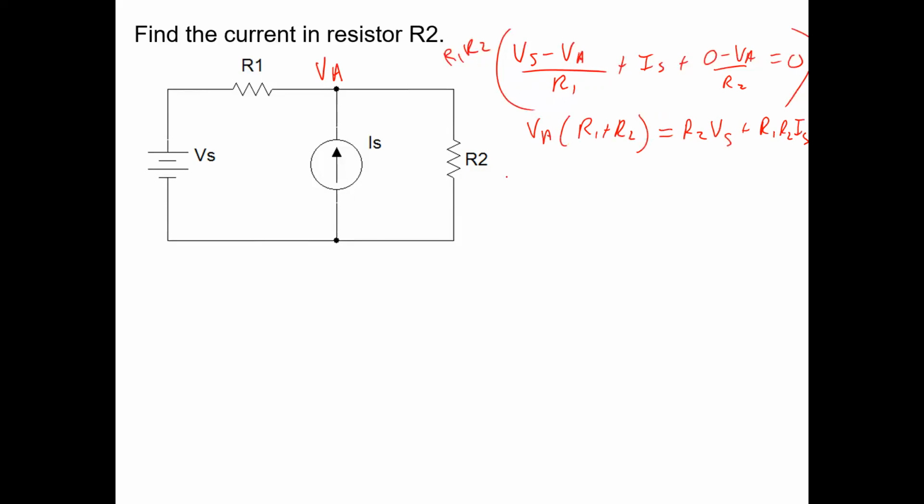And you can solve for Va as equaling R2 over (R1 plus R2) times Vs, plus R1 R2 over (R1 plus R2) times Is.